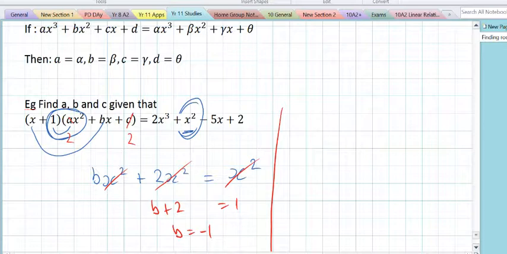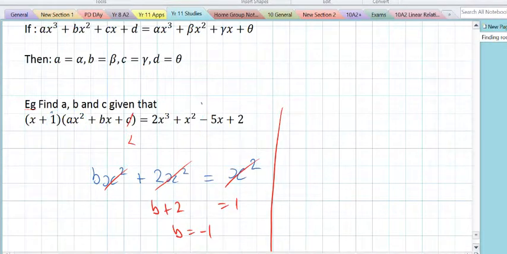Now, what would have happened if Alicia had chosen not the x squared term, but just the x term? So we still know that a is 2 and c is 2. But what if we were concentrating on this here? What expansions would get us a single power of x?